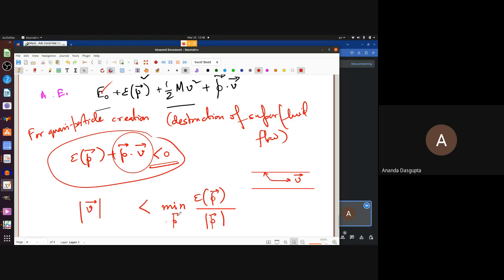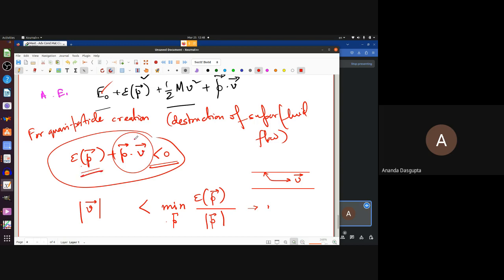And if you minimize this over all possible momenta, right? You take epsilon P by mod P, take this ratio, take the smallest possible value that you can get for this ratio. If mod V is less than this, then this quantity simply cannot become negative, right? Remember, you are adding two things. This is already positive.